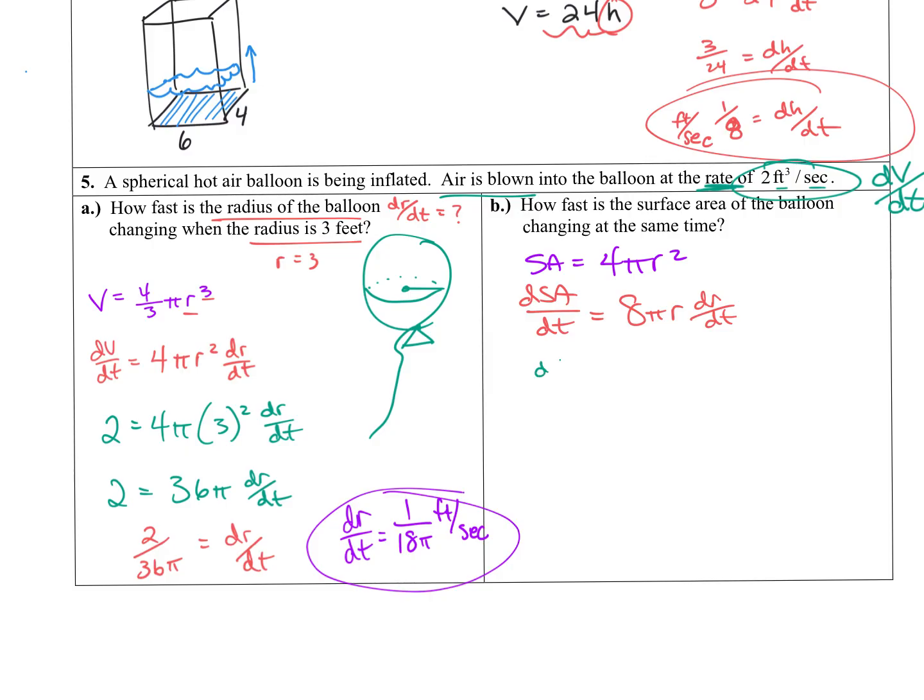I know the radius is 3, and now I know that dr/dt is 1 over 18 pi. Cool. So my pi's are going to cancel out. Bye-bye, pi. And I've got 24 over 18.